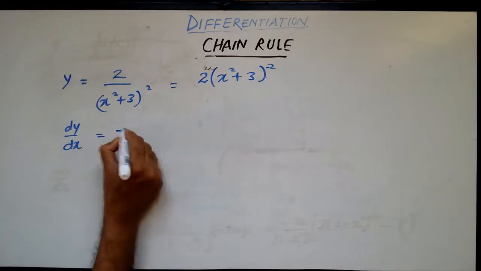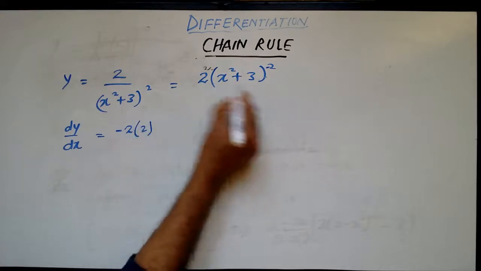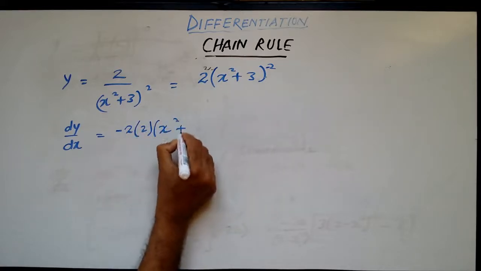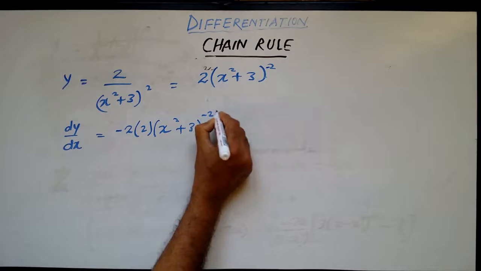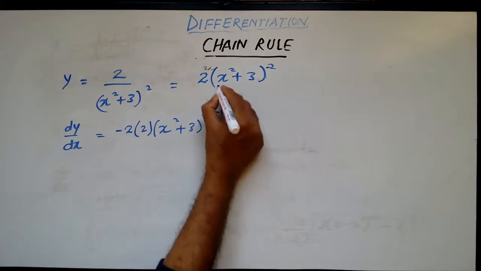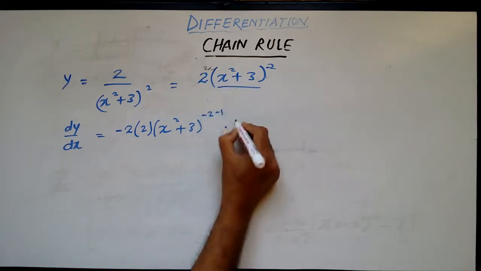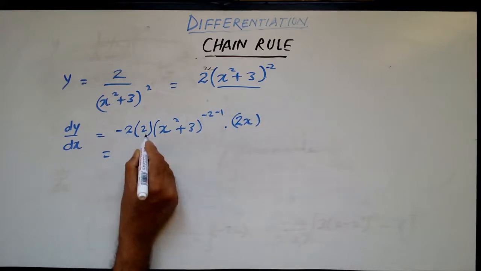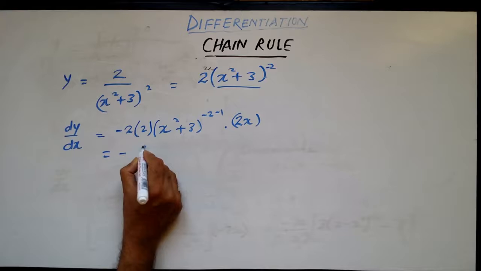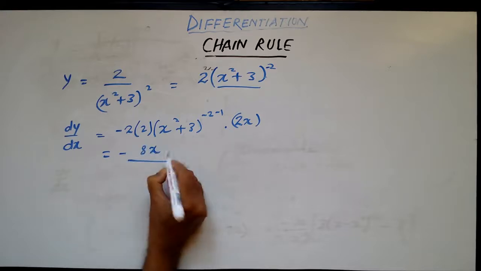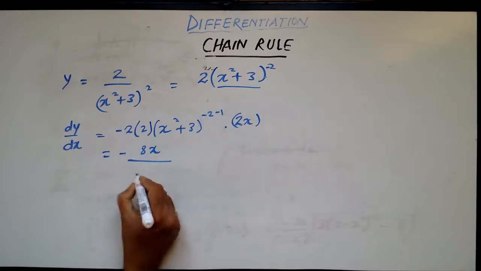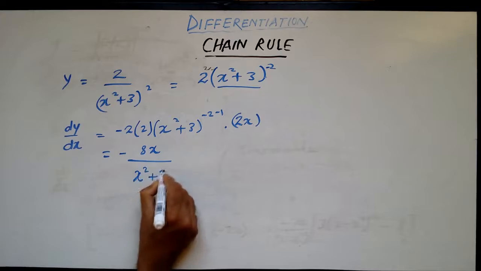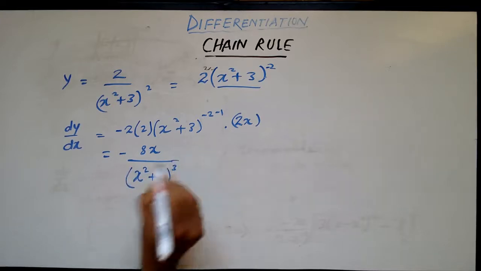So we can say this is minus 2, this is 2 into x squared plus 3 to the power minus 2 minus 1, and then the differential of this one is 2x. We multiply all together, 2 into 4 is 8. So it is minus 8x, and since this is minus 3, we can take this to the denominator, this is x squared plus 3 cubed.